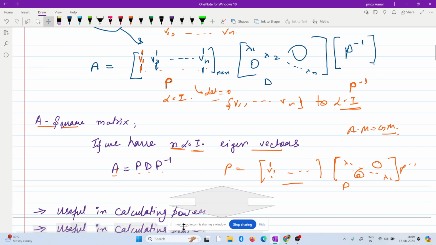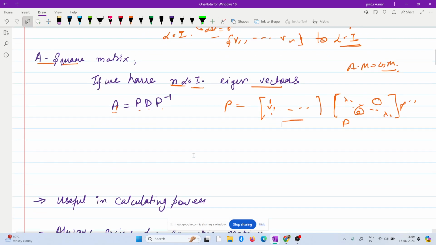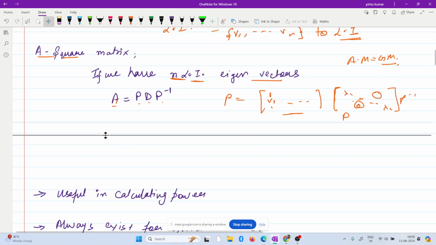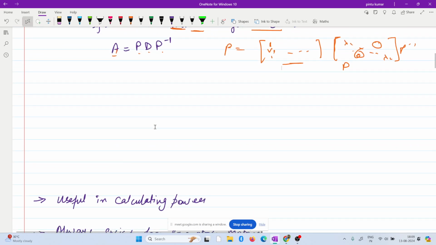One or two small rules that I'll mention over here. Let's say you have some matrix A, which is an n cross n matrix. Then to find the eigenvalues, you will first try to solve the determinant of A minus lambda I equal to 0. From that, you get some characteristic polynomial.